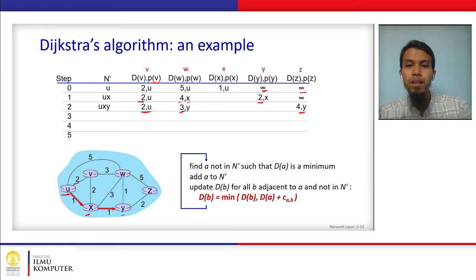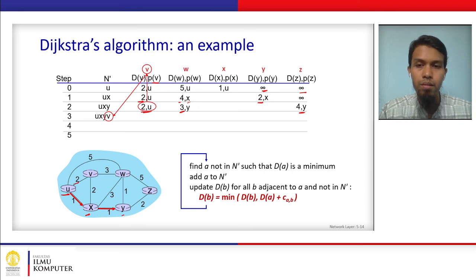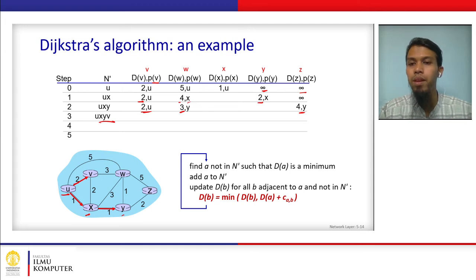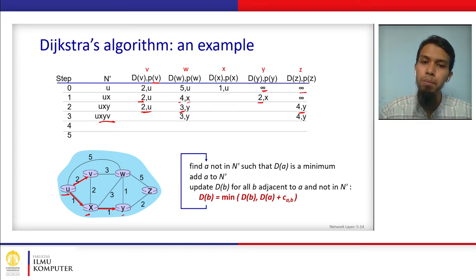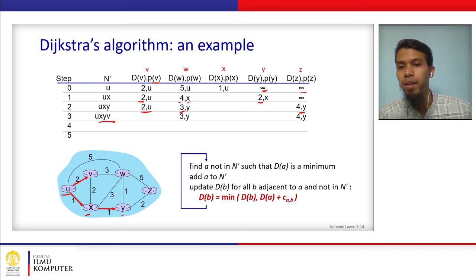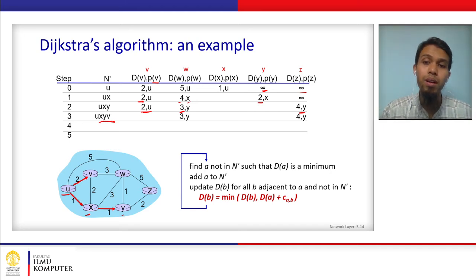Then in this iteration, v has the least cost path from u, so we take v into the N prime list. Now we have finished with x, y, and v. We are left with w and z, and it seems that there are no other changes.